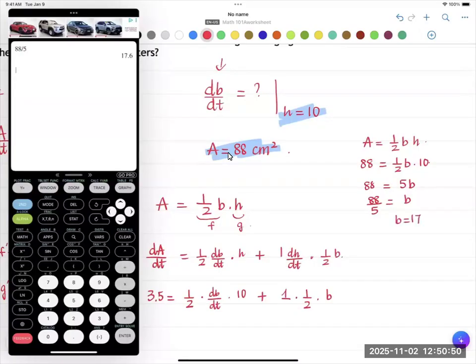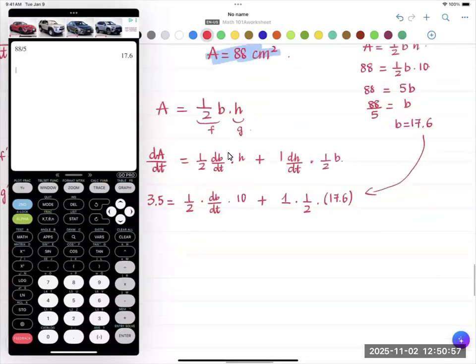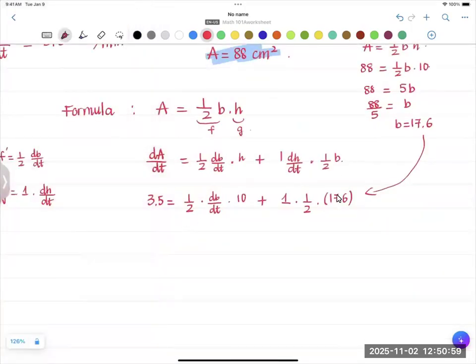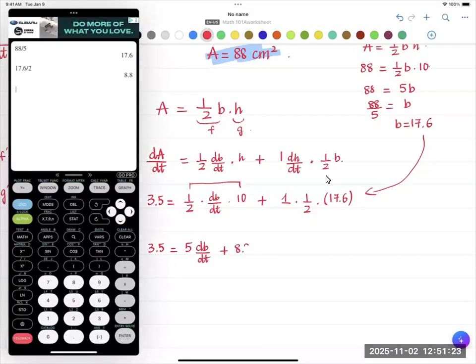So b is 17.6. We put that in here, and then we simplify everything and isolate for dB over dt. So 3.5 equals 5 dB over dt, because 10 times 1/2 is 5, plus 8.8.